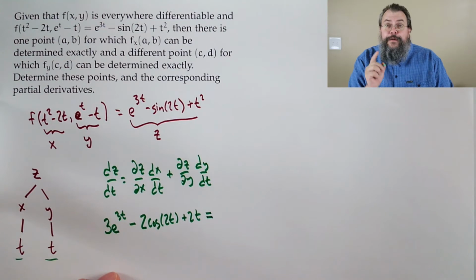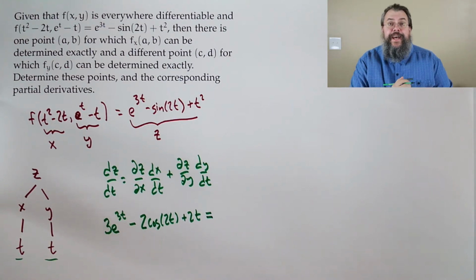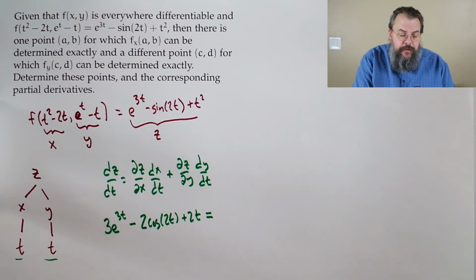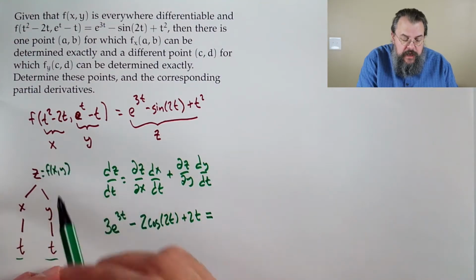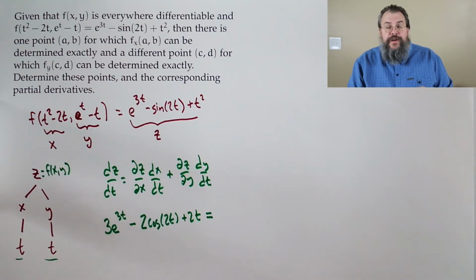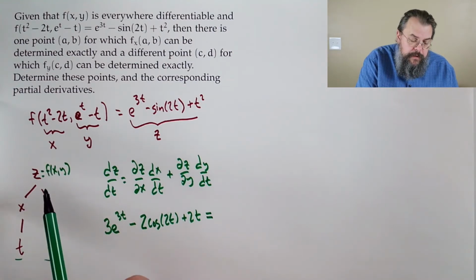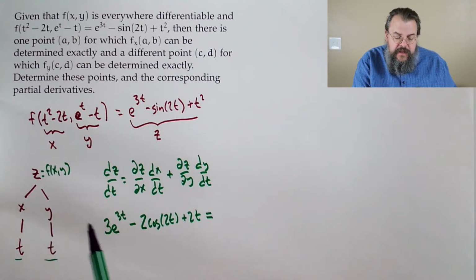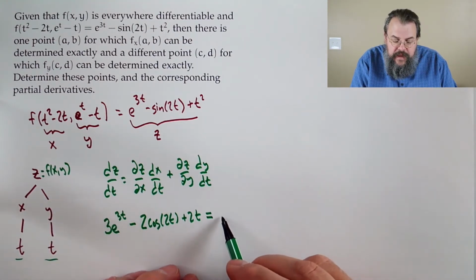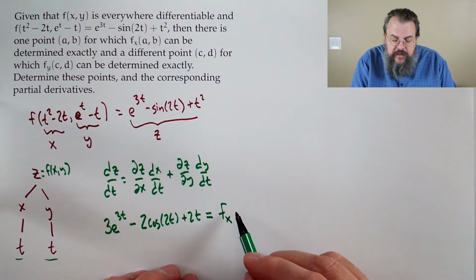That equals partial z partial x. What is partial z partial x? We're thinking of z as being f of x, y, so partial z partial x would be the derivative with respect to x, which we'd denote as f sub x.